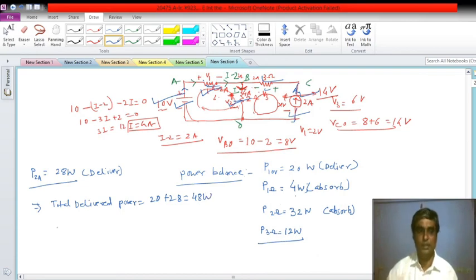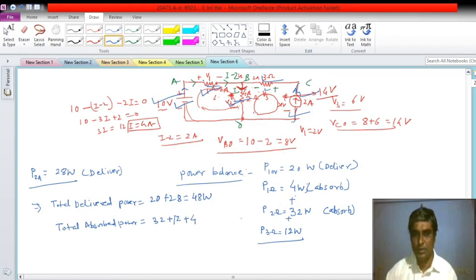And simultaneously I will calculate the total absorbed power, which will be 32 plus 12 plus 4, correct?